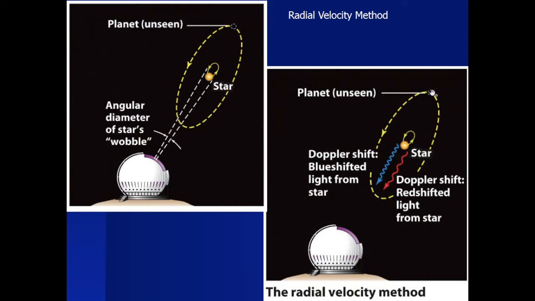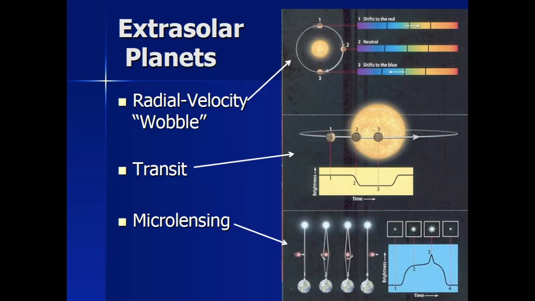So when the planet is over here, it's pulling the star away from Earth. And when the planet is over here, it's tugging the star close to Earth. So the star is literally being tugged by this planet, and we are seeing the motion of the star. That's the radial velocity or the wobble method.